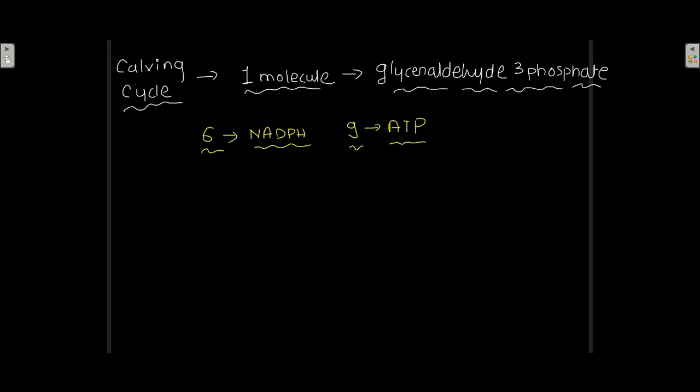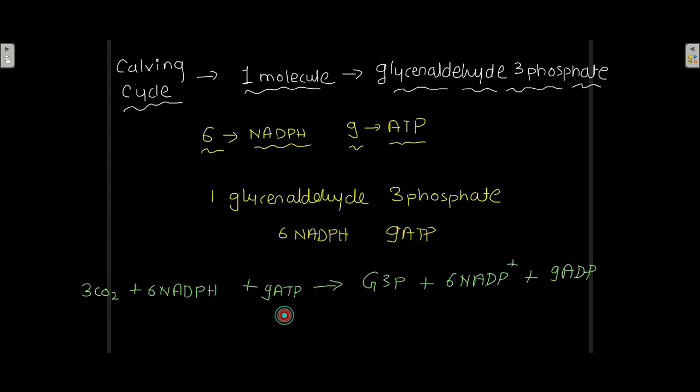So the cost of one glyceraldehyde 3 phosphate molecule is 6 NADPH and 9 ATP.